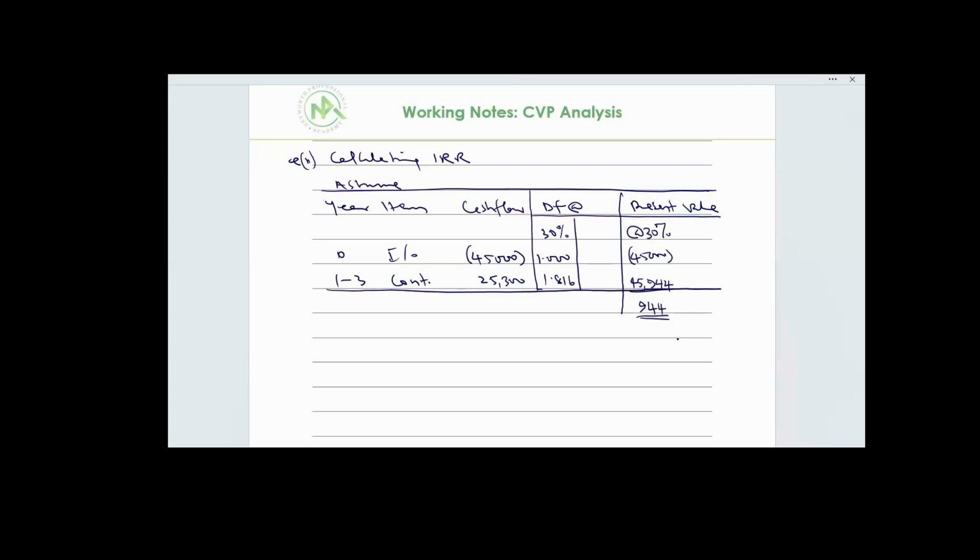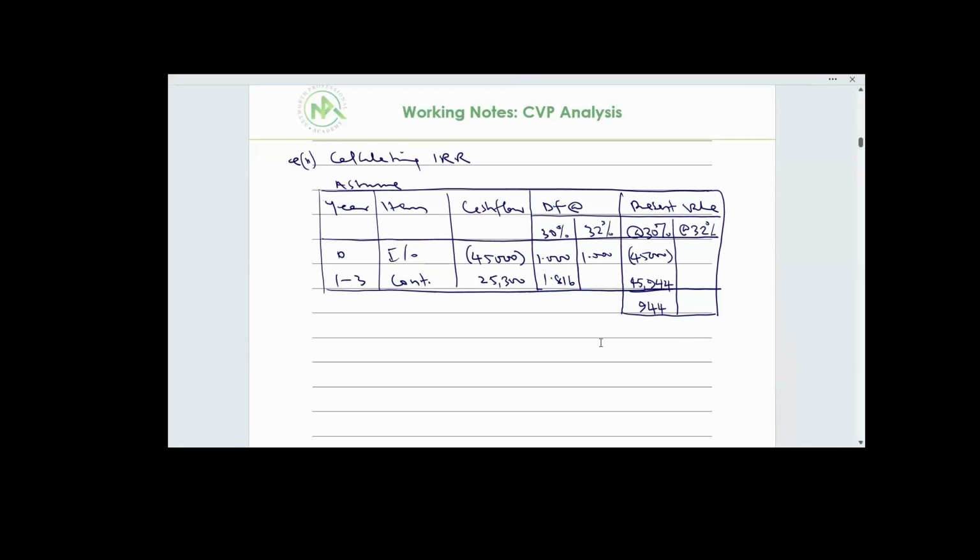Right. Just want to design my table once and for all. So let's assume a higher discount rate, say 32%.